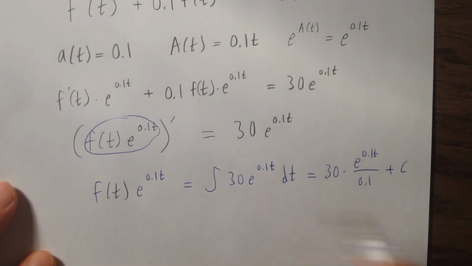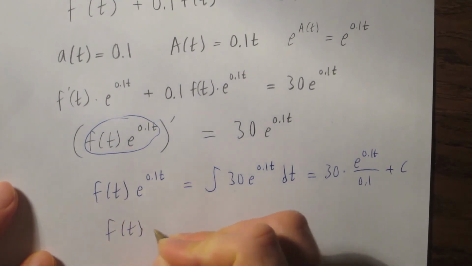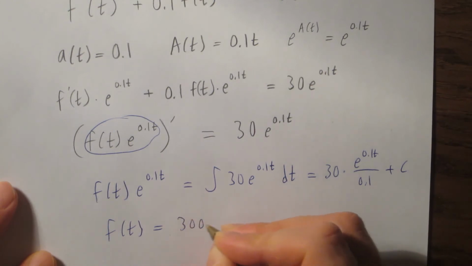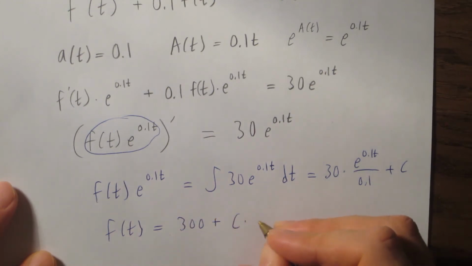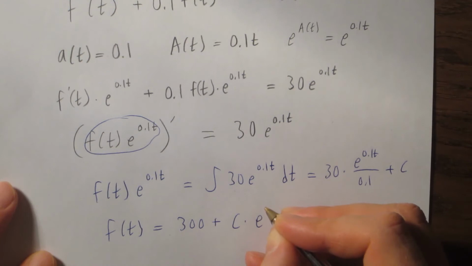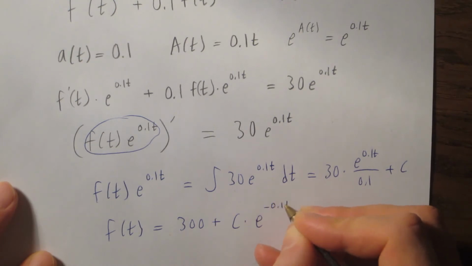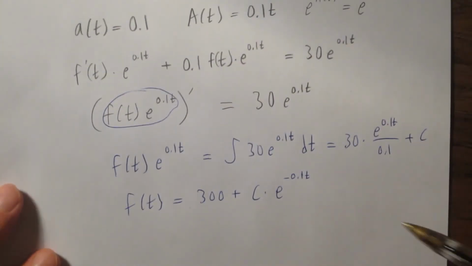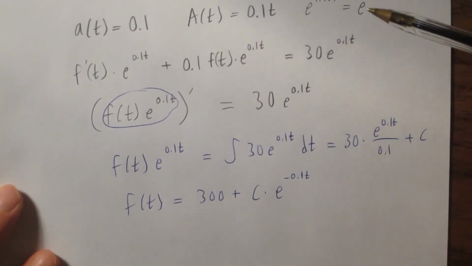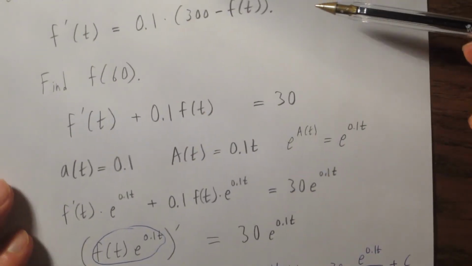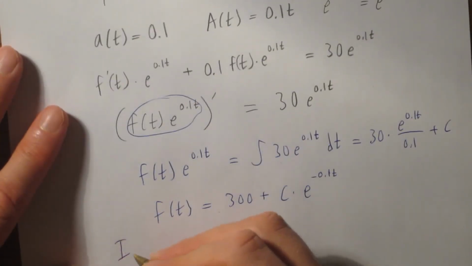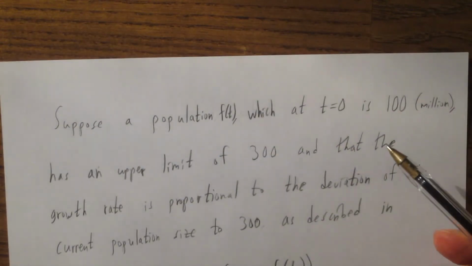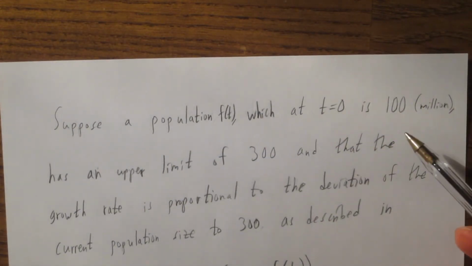Now let's get f(t) alone. So we divide by e to the power of 0.1t and we get 300 plus c times e to the power of minus 0.1t. So that's what a function must look like if it is supposed to satisfy the differential equation. Now we use the initial condition, which was given in words, that f of 0 was 100.